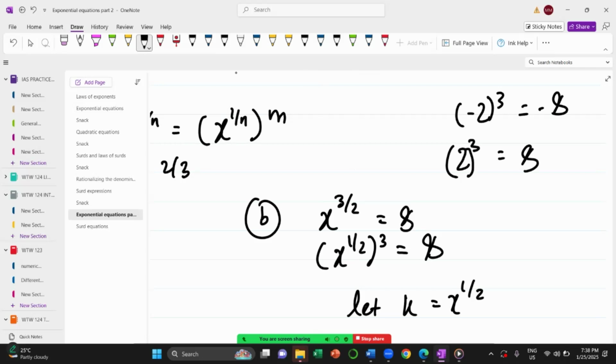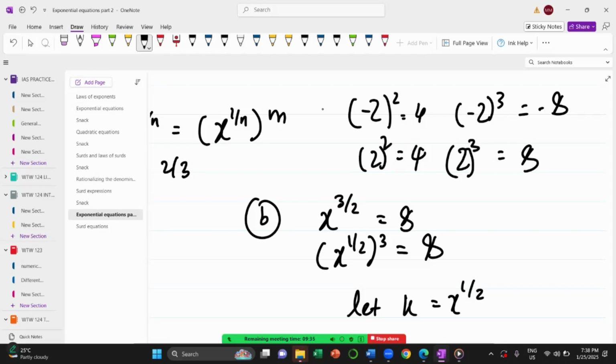But compared to a square, if I say negative 2 all squared, it's going to give me 4, and a positive 2 all squared is still going to give me 4. Hence, I have to say plus or minus whenever I have a square. But if I take the cube root of negative 8, it's going to give me negative 2, and the cube root of 8 is going to give me positive 2. Do you see that?